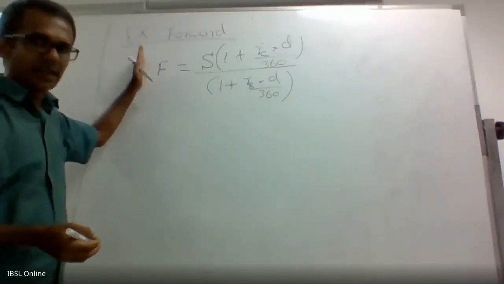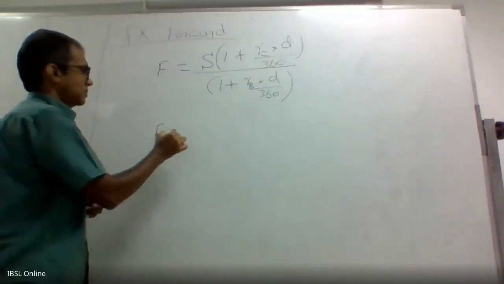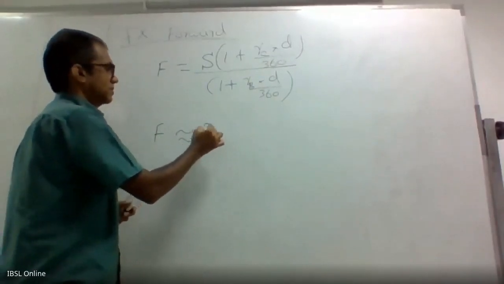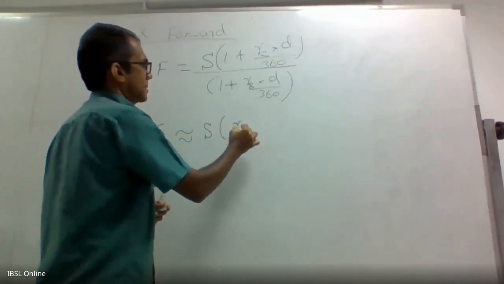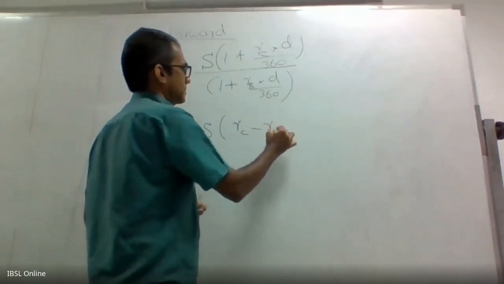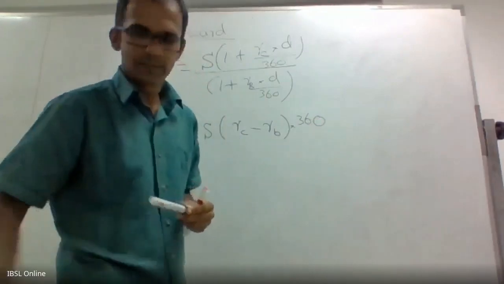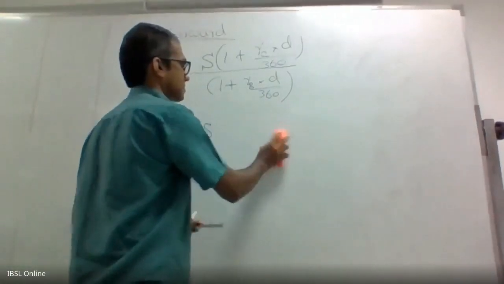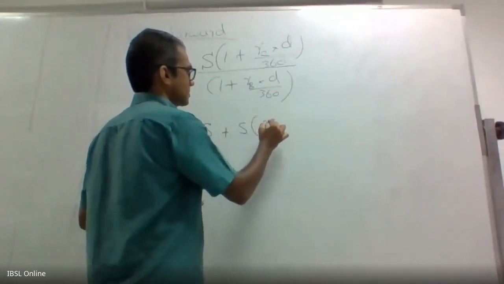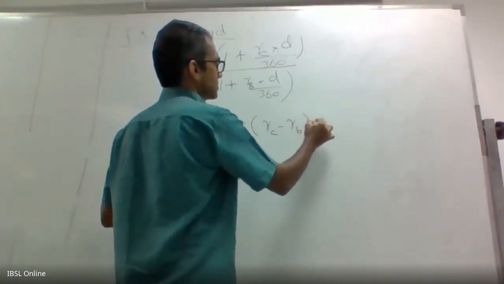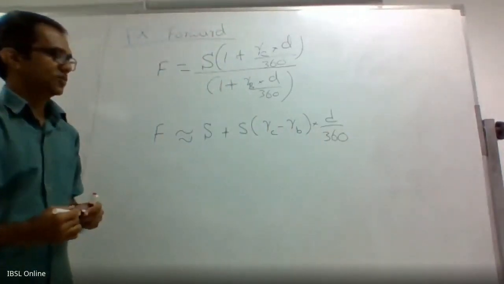So this is the exact equation, but when these interest rates are very low, we can approximate this by this equation.